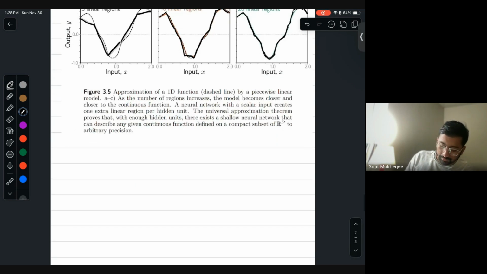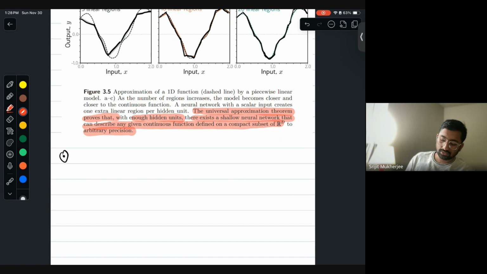what it's saying is, read this line: the universal approximation theorem proves that with enough hidden units, there exists a shallow neural network that can describe any continuous function with arbitrary precision. As you increase the number of these units, the error becomes less and less. The error is inversely proportional to the number of hidden units.